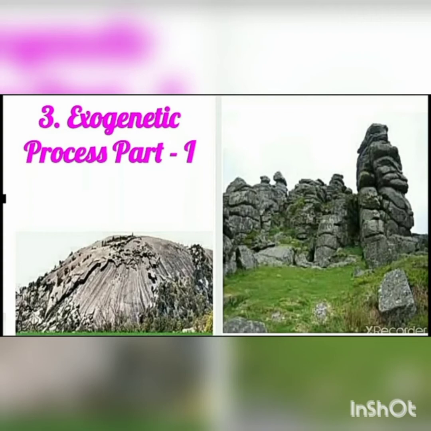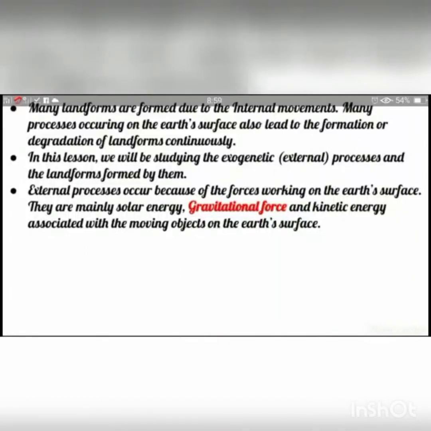In this third chapter we are going to study the changes that are occurring in the exterior part of the earth. Many landforms are formed due to the internal movements. Many processes occurring on the earth's surface also lead to the formation or degradation of landforms continuously. So in this lesson we will be studying the exogenetic processes and the landforms formed by them.